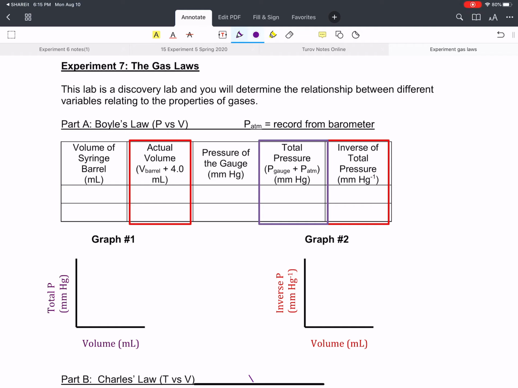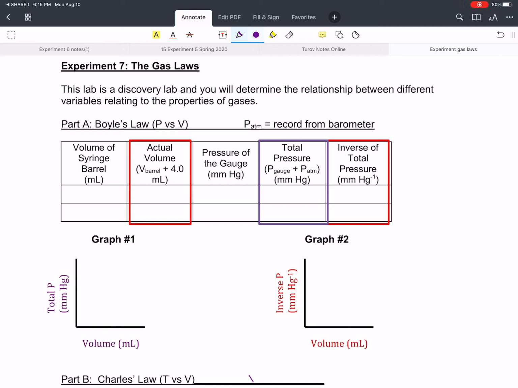In this experiment, instead of collecting the data in lab, what you will do is take the data that you're given to prepare graphs and determine whether the relationships between all of these variables and volume are direct or inverse.